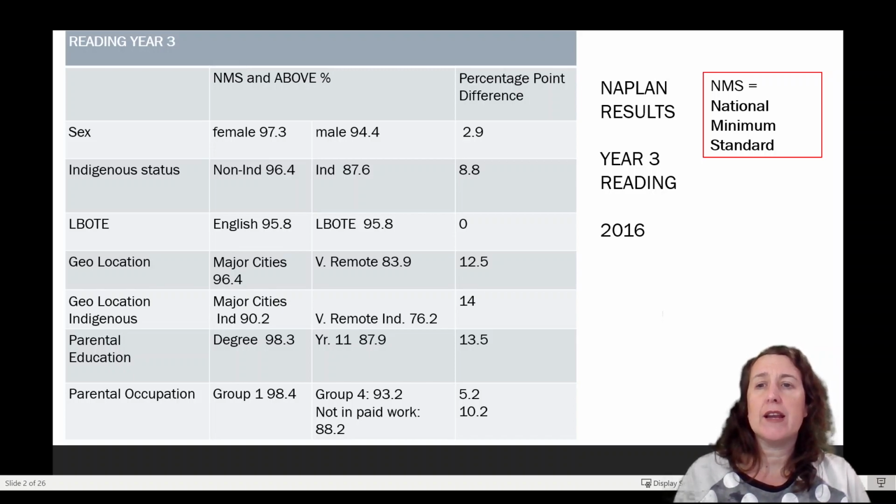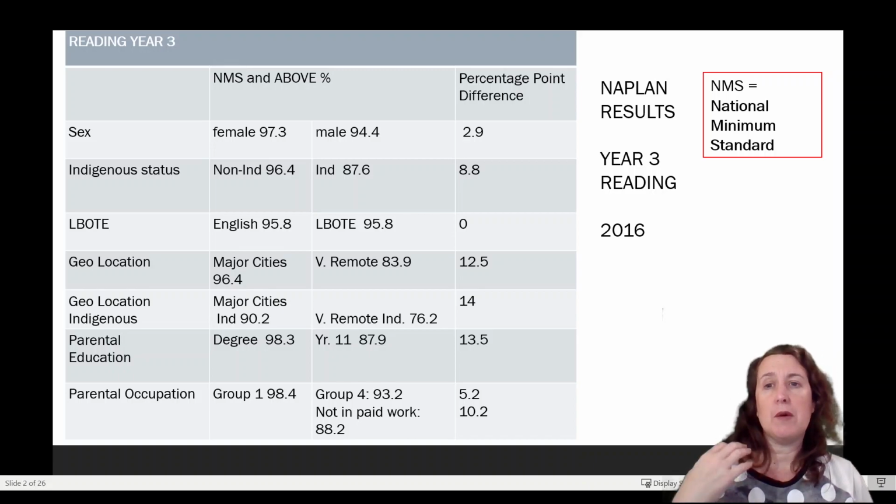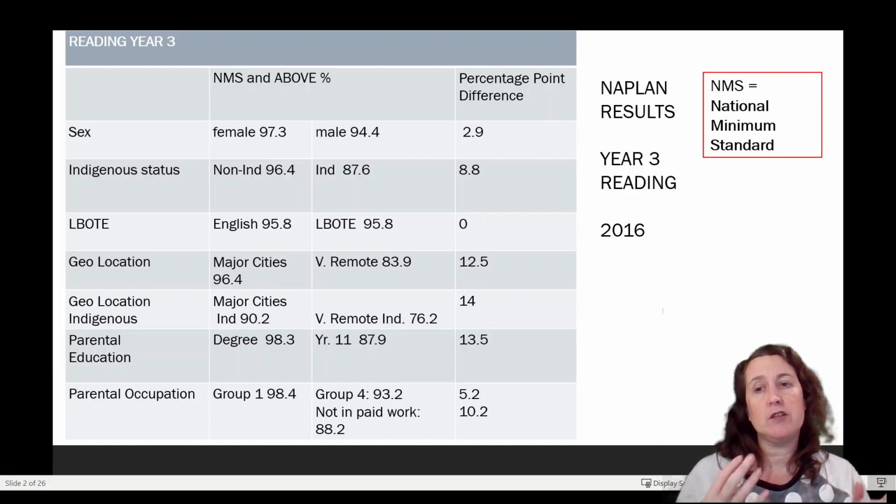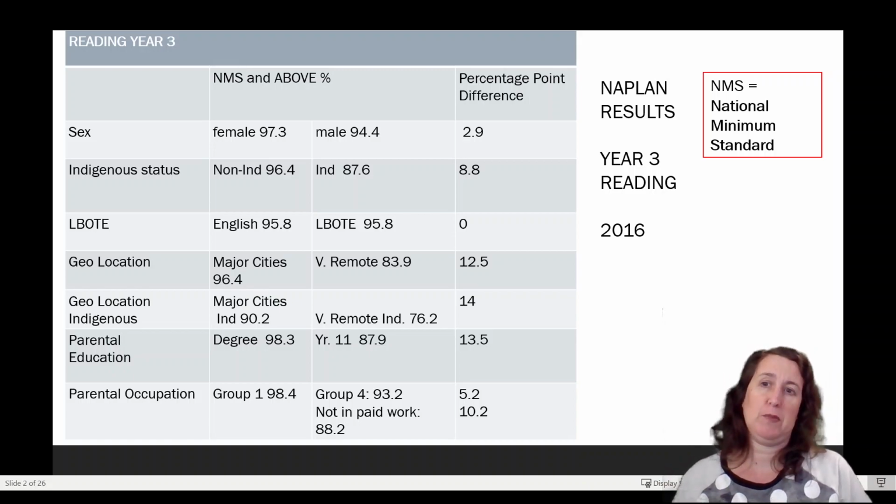What we're looking at is the percentage of students who have met the National Minimum Reading Standard. That's what NMS stands for. We're going to look at Year 3 students, what percentage have met the National Minimum Standards when we divide up the data by social factors, or according to what social group students belong to.